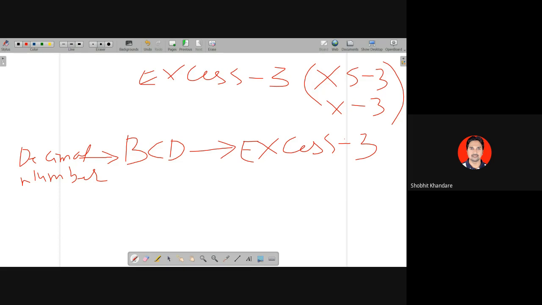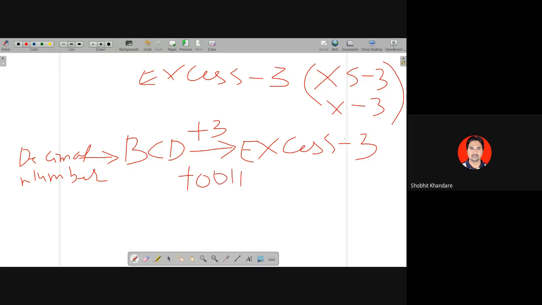Now the main question is how do you get XS3? It is called XS3 because 3 is added. In this process you have to add 3. If plus 3 is not to your liking, you can say you have to add 0 0 1 1.